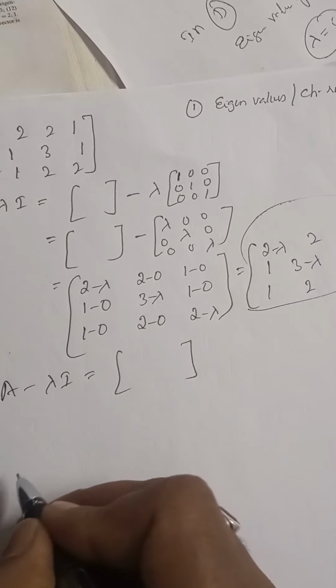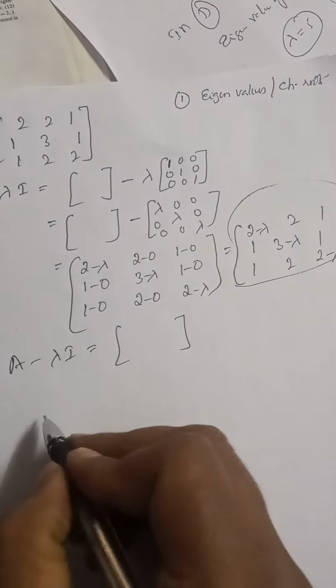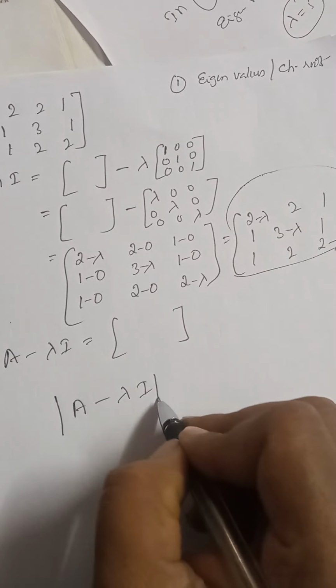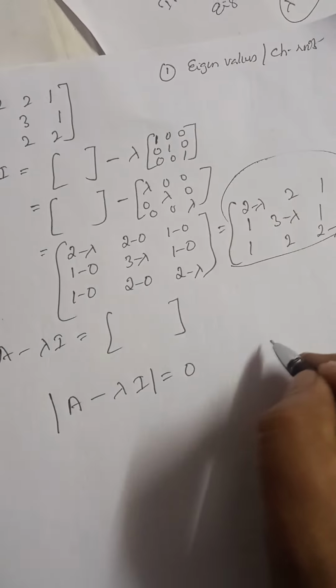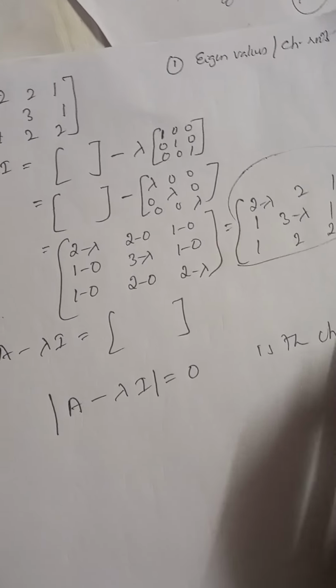Now to find the eigenvalues, or to find the characteristic equation, the same procedure. The determinant of A minus lambda I equal to 0 is the characteristic equation, right?